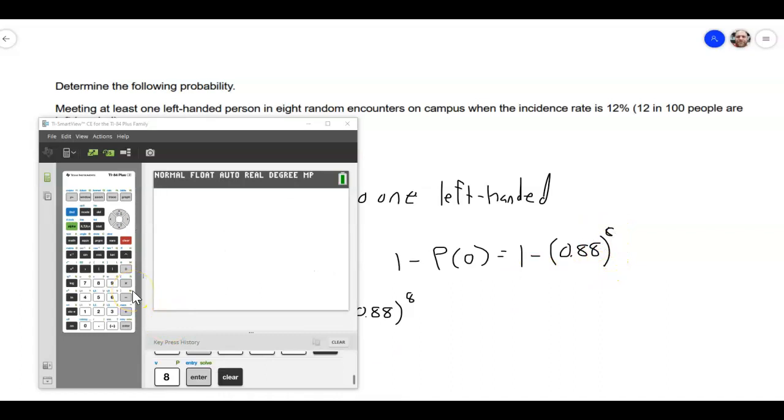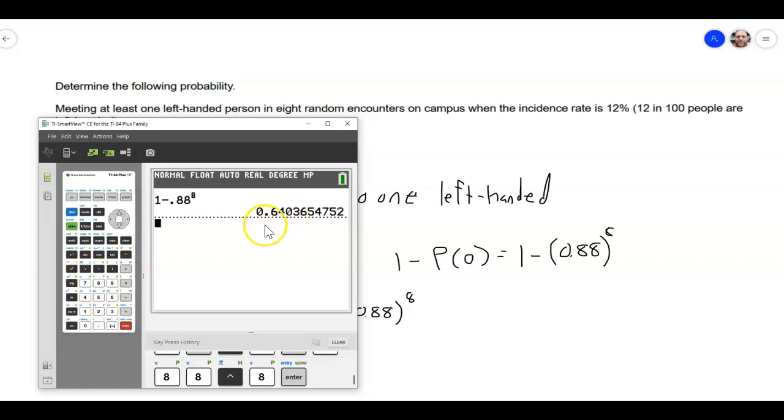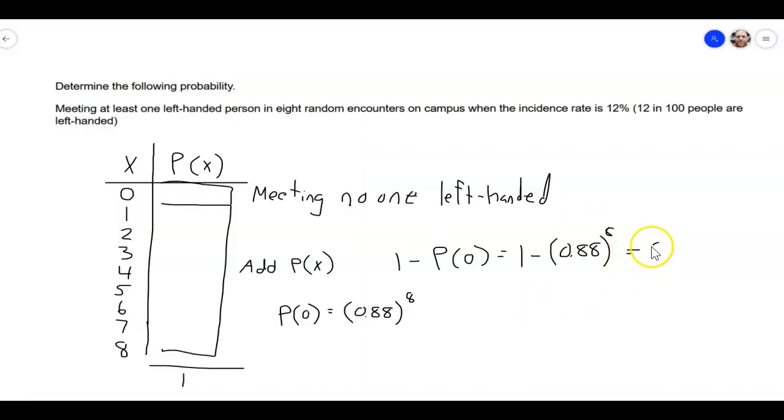Putting this into our calculator, 1 minus 0.88 raised to the 8th power is equal to 0.640. That would be our final value rounded to 3 decimal places, 0.640.